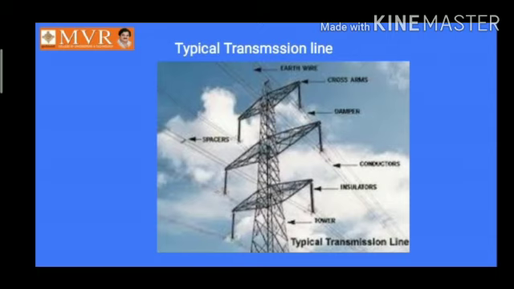This earth wire will protect the total structure from external disasters. If there is a thunderstorm, it works like a lightning arrestor, which will collect the power from the thunder and neutralize the supply, so that our structure will not be disturbed.